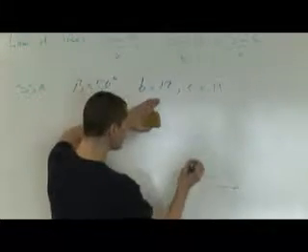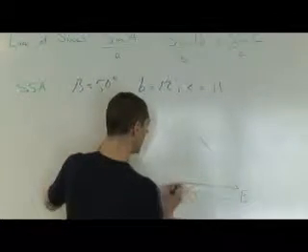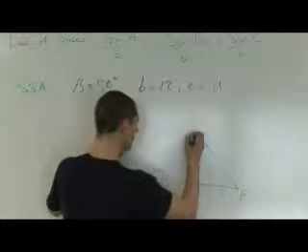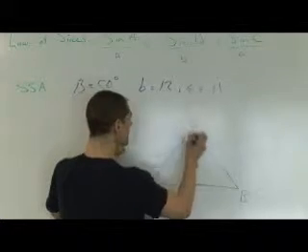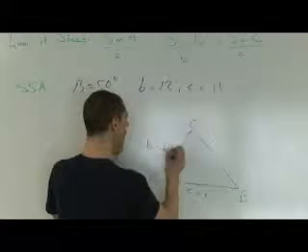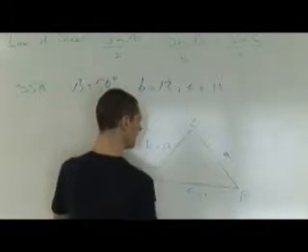Little side b is over here, so this is angle B, and this is supposed to be 12, and c is supposed to be 11. So here is C. This is little c, supposed to be 11. Little b is supposed to be 12. Here is A, and here is little a.